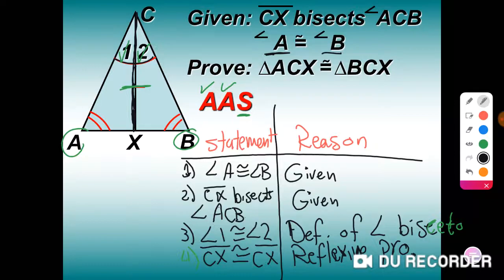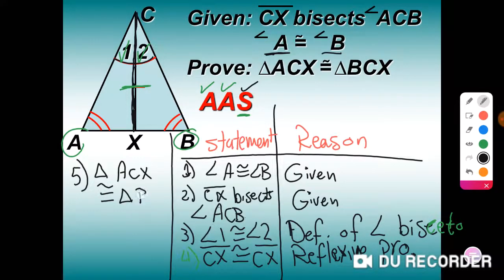So, we could prove that the three parts are congruent, and the last step, which is the conclusion for my work, I can say that the triangles ACX and BCX are congruent, and the reason is angle, angle, side postulate.